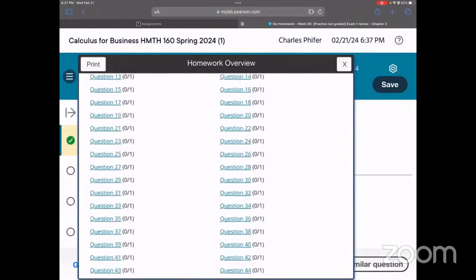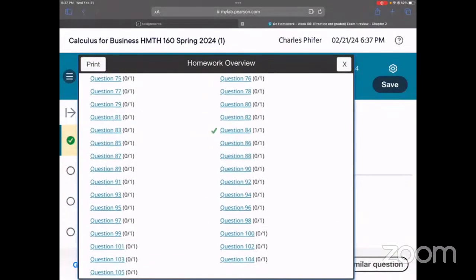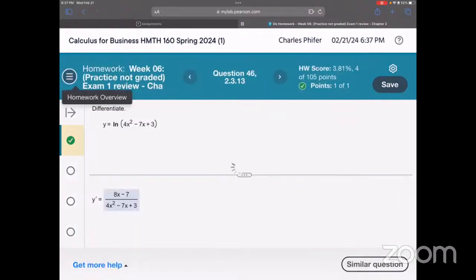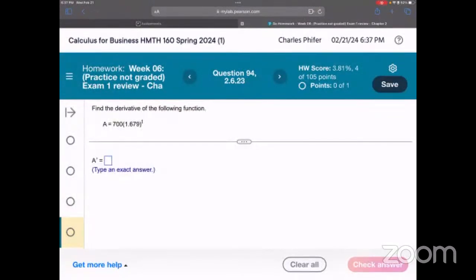I find the derivative. So the derivative of exponential, the derivative of e is itself, but when the base is not e, the derivative is going to be itself times the derivative of the power times the natural log of the base, right? Because the base is not e, we have to tack on that additional part, times the natural log of the base.